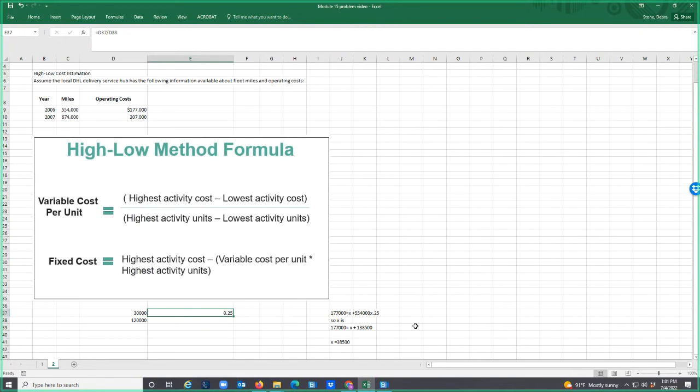When I put it in the equation, I'm going to choose one of the points. I'm going to choose this point here, because this is the cost.